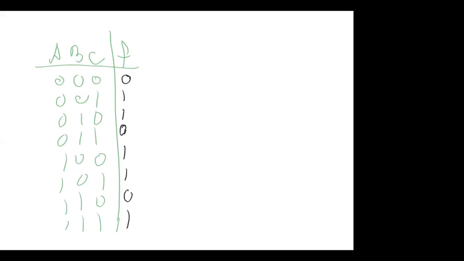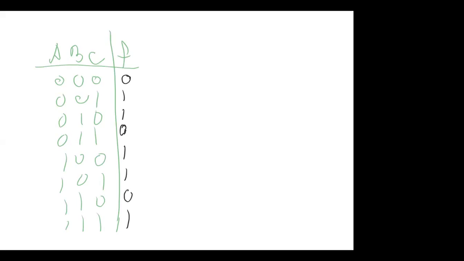I'm going to do a 3-variable truth table. In fact, what I'll do is I'll start with the variables. A, B, C. And what we'll do is we'll write the function. And then we're going to make up a function. 0, 1, 2, whoops. 1, 1, 0, 1.